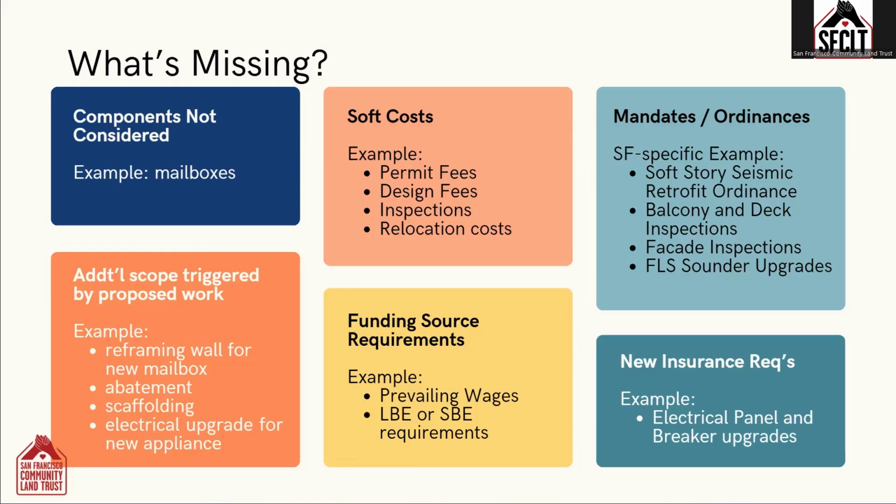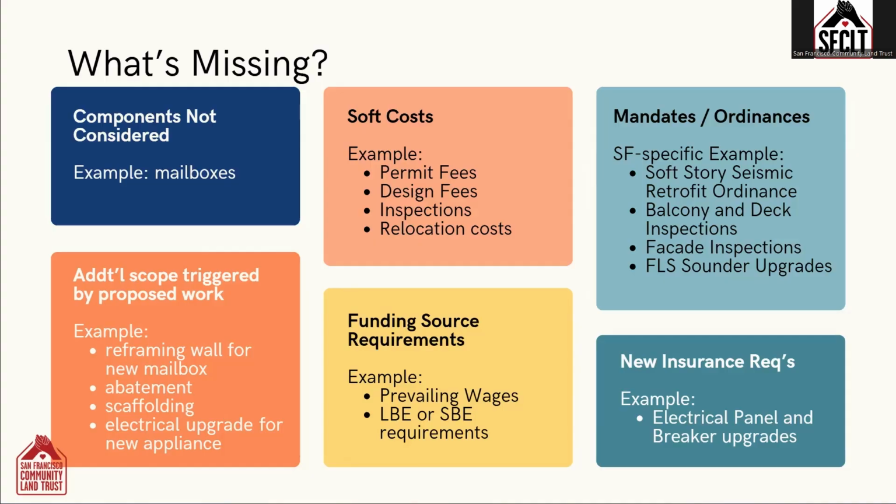Other items that aren't typically included are the cost of scaffolding, and electrical upgrades that are triggered when you install new appliances or upgrade your lighting. So these are just a couple examples of scope of work that might be triggered by a seemingly straightforward CNA project.